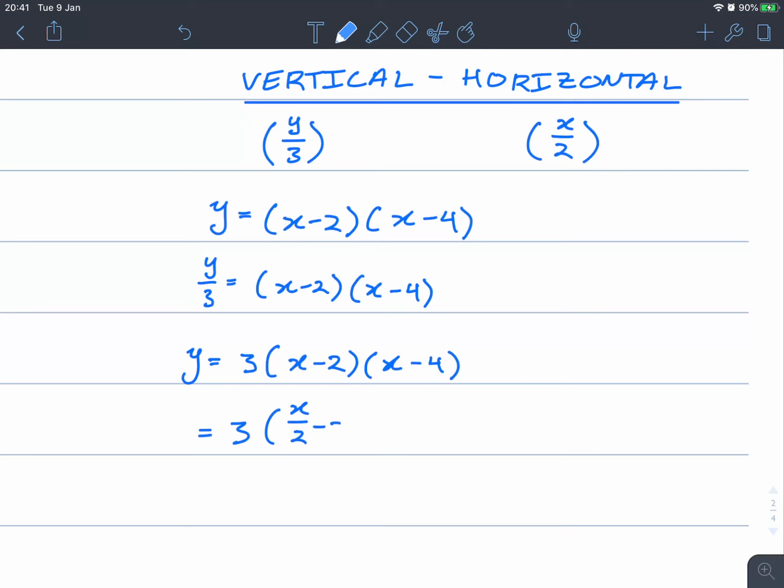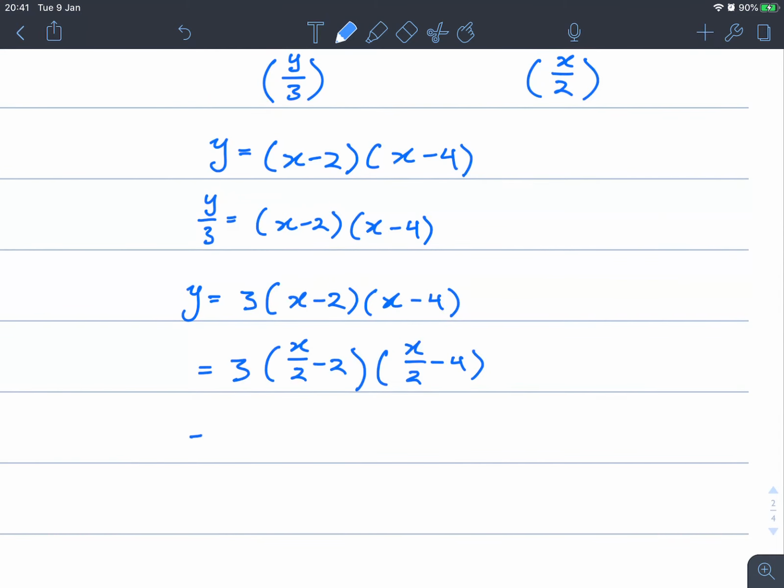And now, if we apply our horizontal dilation by replacing x with x over 2, we will get 3 times (x over 2 minus 2)(x over 2 minus 4). Factoring each of these, we get 3 times, factoring out a half from here, a half times (x minus 4), times, factoring a half from here, a half times (x minus 8).